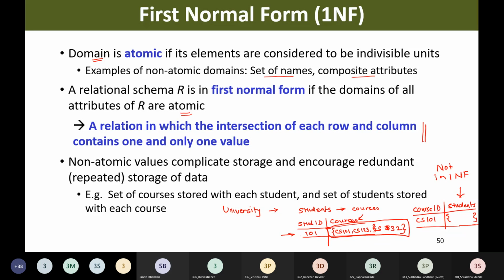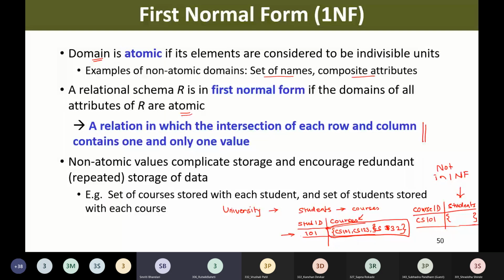If yes, why? If no, why? What is the definition of 1NF? Everything is available on screen now. What is the definition of first normal form?